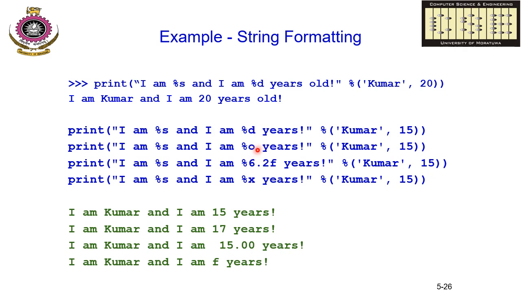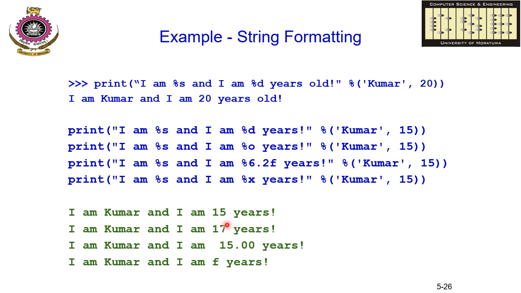Alright, so in the second example, you see that we have made a difference. We have changed this formatting to the octal number system. Percentage o means represent this number in the octal format. So even though we pass 15, the output would be 17 years.